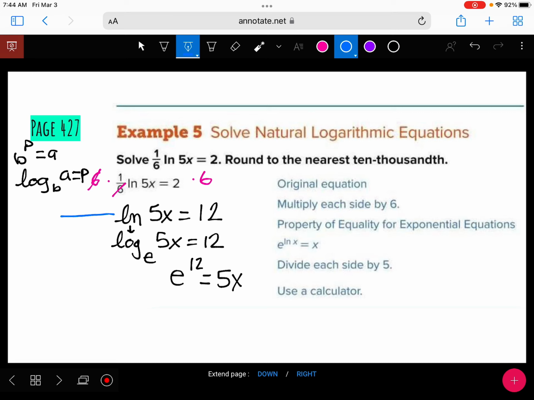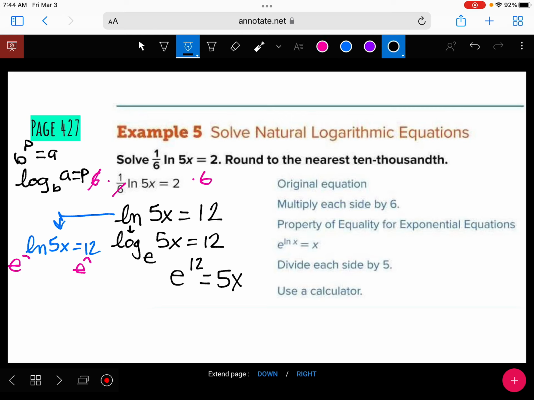Your other option when solving this is to exponentiate, where we take our ln of 5x equals 12, and we raise both sides to be powers on e. So e to the ln of 5x and e to the 12th.